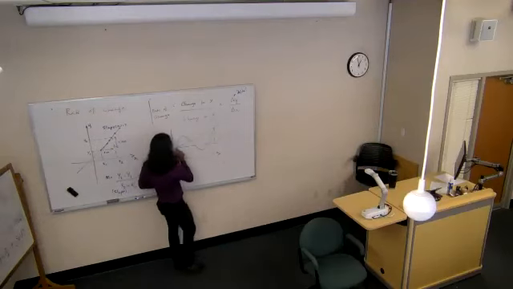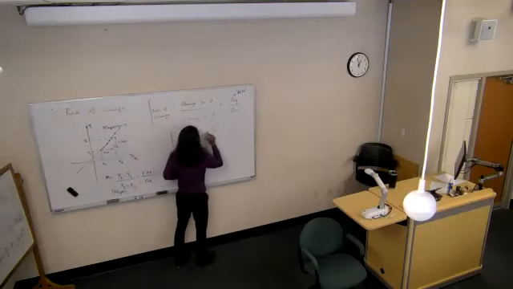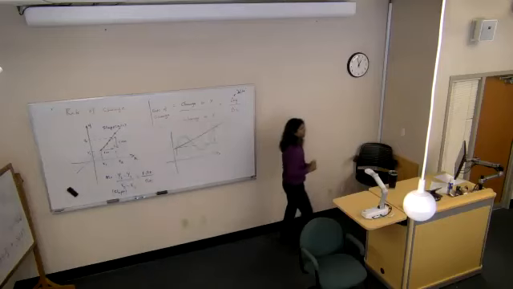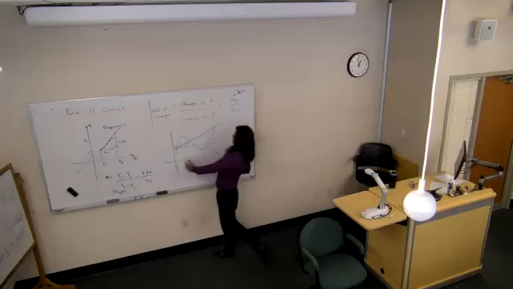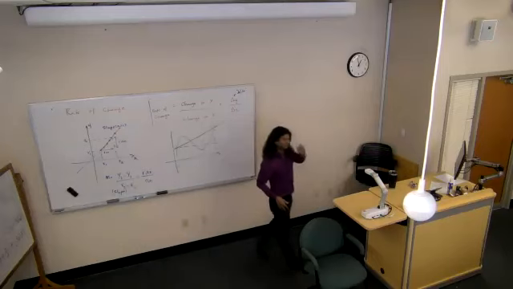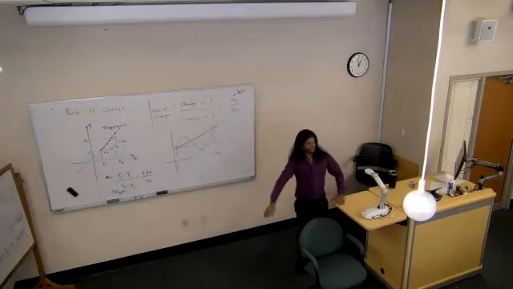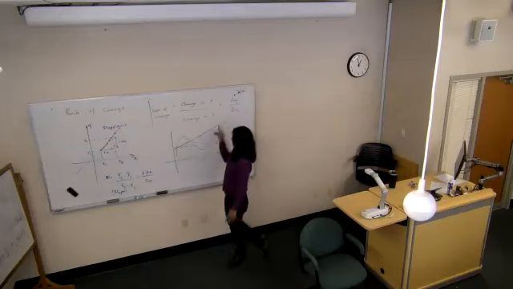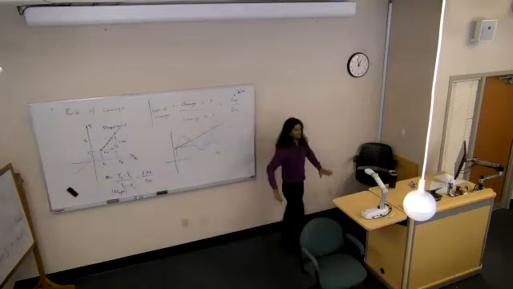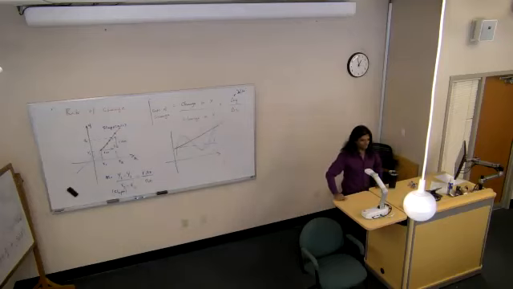So I drew this line, and I'm going to find the slope of that line. Is that slope going to be positive? Yes. So that tells me that over this interval, the average rate of change is positive. So the function that is a curve is increasing over that interval.